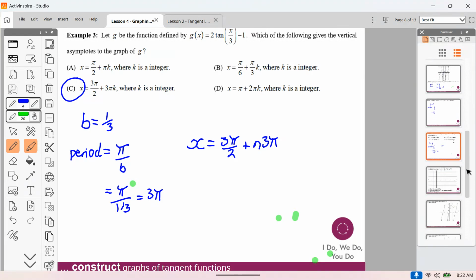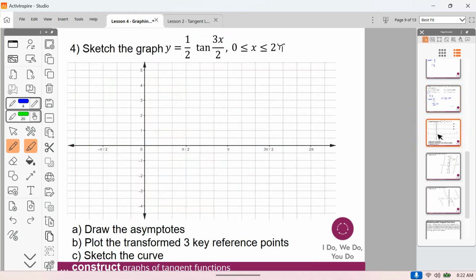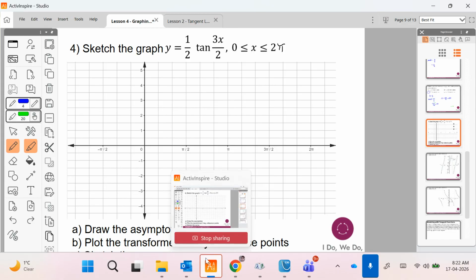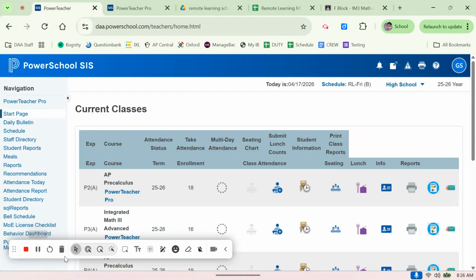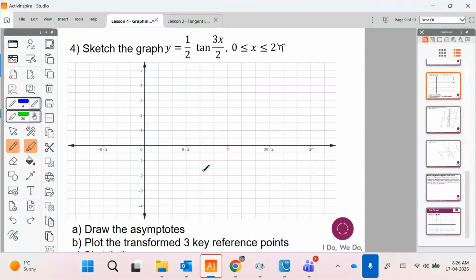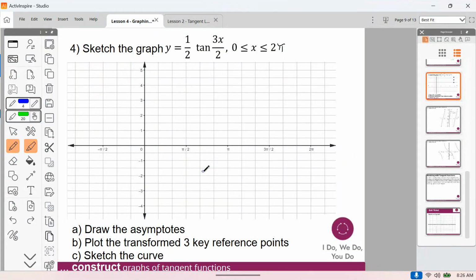If we know where the asymptotes are, we can sketch this curve. Have a go at sketching the curve here in the interval from 0 to 2 pi. Give you a couple of minutes. All right, let's have a go at sketching this. So start off with, do some calculations down here.